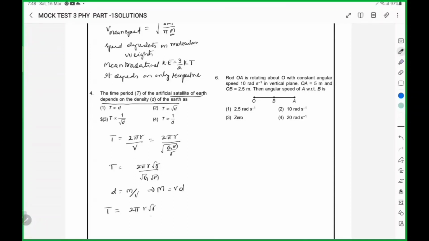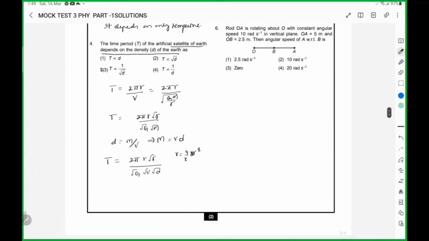Root M is root V into root D. Here the volume is 4 by 3 pi r cube, so root r cube is r root r. Finally, it is inversely proportional to the square root of the density of the earth.